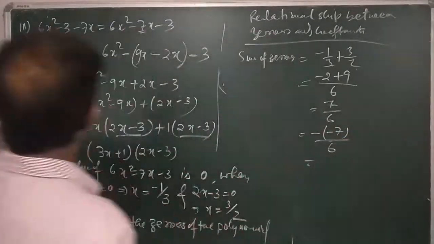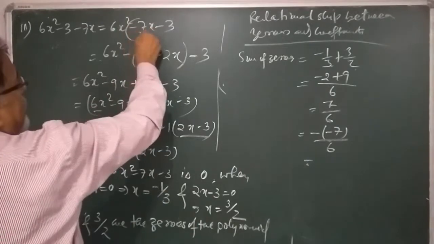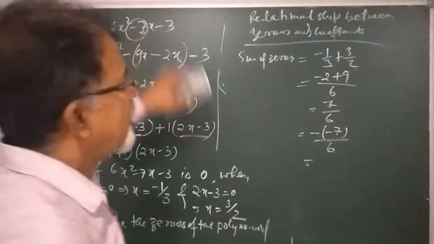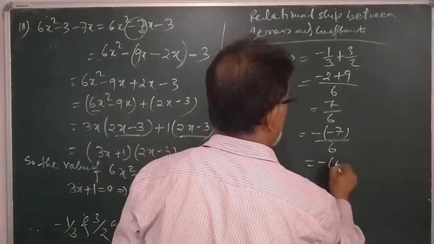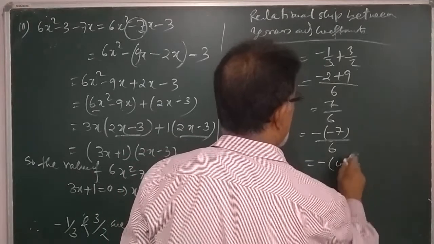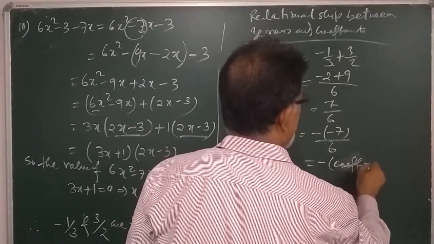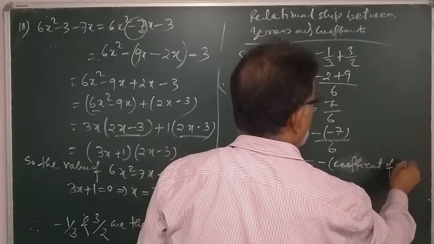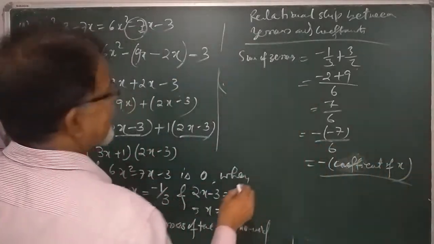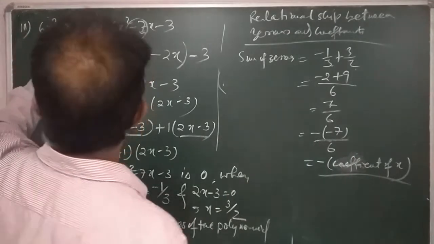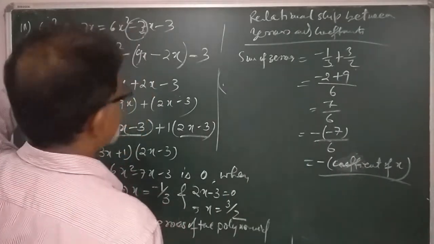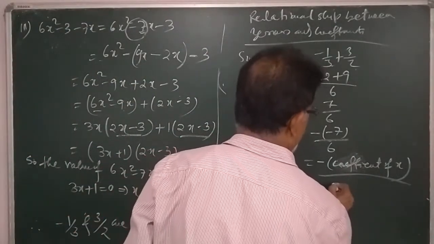You can check here, minus 7 is the coefficient of x, and that's why you write minus coefficient of x, and 6 is the coefficient of x square.